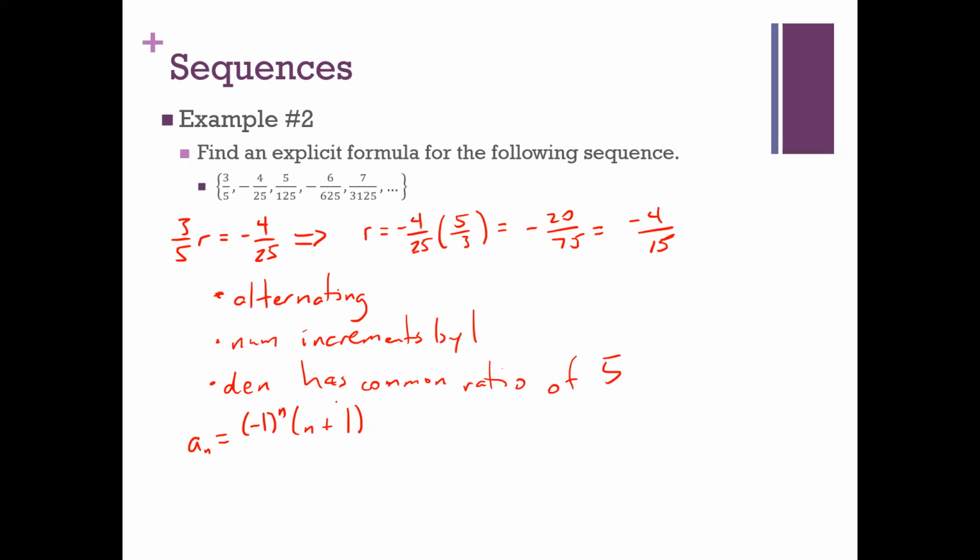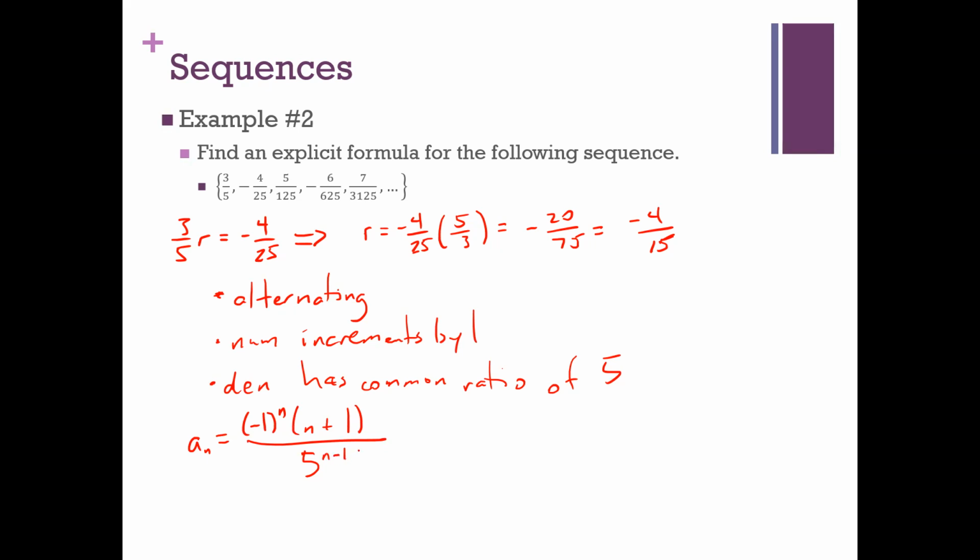Okay, so you're saying n's going to start at 2. So that's something we have to keep in mind. And then what's the denominator going to be? Five to the power of n, or n minus 1. Okay.